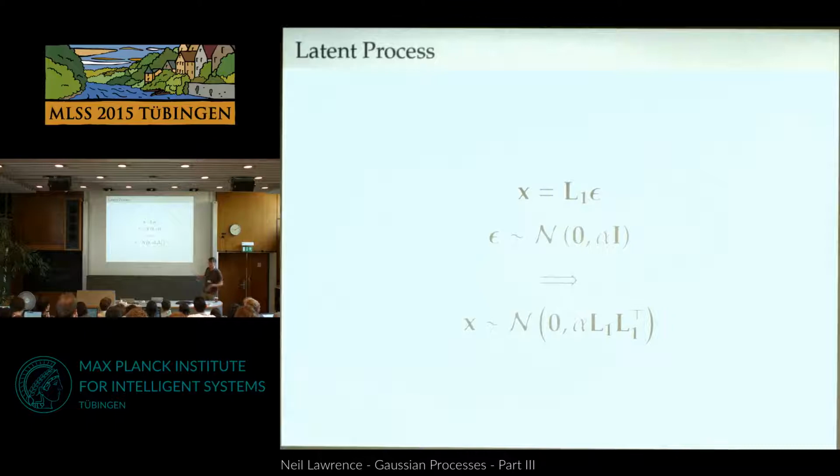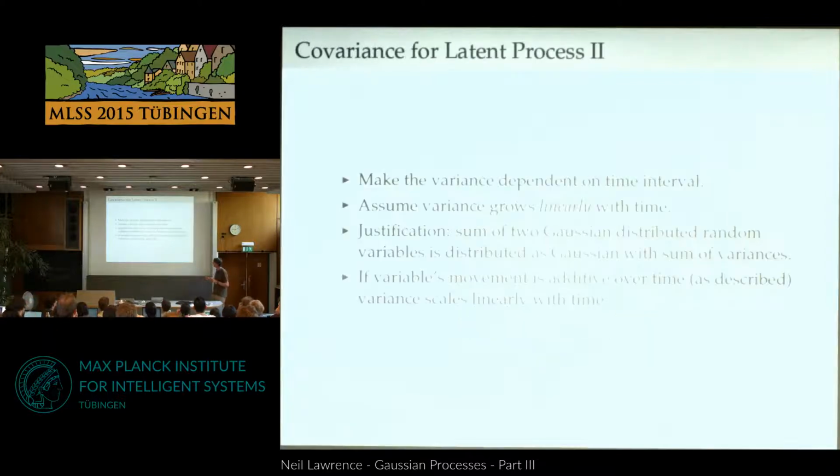But this can be built up in a discrete time way, that x is given by a Gaussian with 0 mean, because the mean here is 0, and the covariance would be L1 alpha I L1 transpose, and then we just bring the alpha out the front. Okay, is that clear? So that's the covariance function for a Gauss-Markov chain.